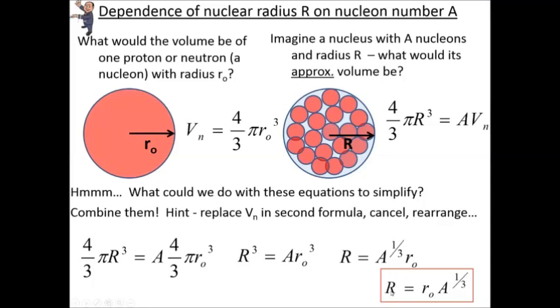So this formula states that the radius of a nucleus is equal to the radius of a nucleon multiplied by the mass number to the cube root, to the third root, sorry. Alright, so that's what this formula means, and in terms of how we get it, you can see with this little model here we've got to it quite straightforwardly.